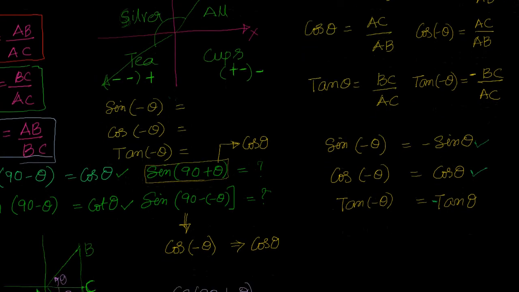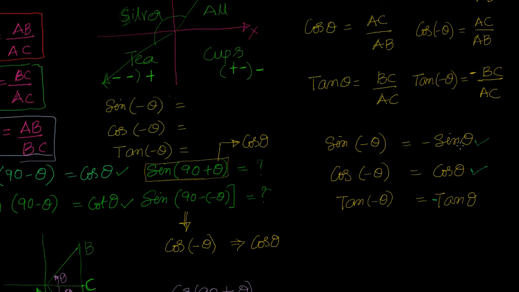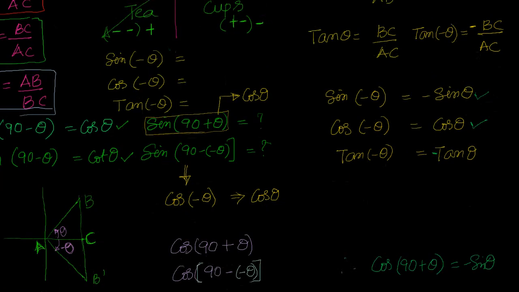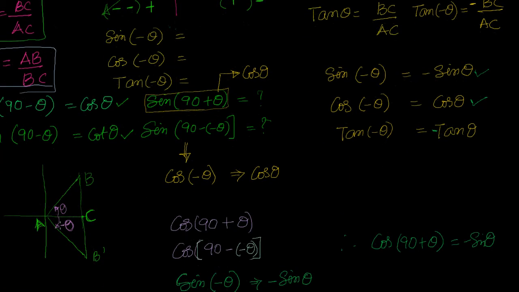Sine of minus theta is nothing but equal to B dash C by AB dash. We know AB is equal to AB dash, and also BC is equal to minus of B dash C, because y values are positive in the first case and negative in the second case.